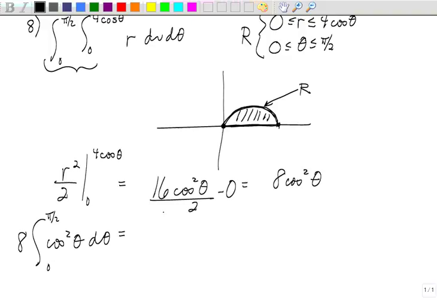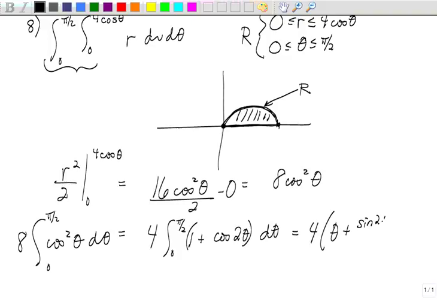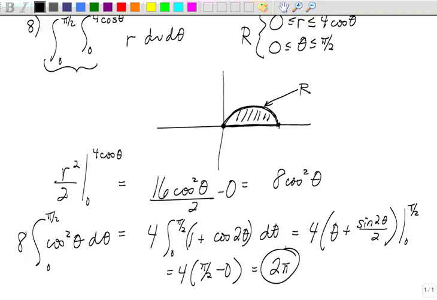That's 1/2, so that's going to be 4 times 1 plus cosine 2 theta d theta. We integrate that, we get 4 theta plus sine 2 theta over 2 from 0 to pi over 2. And that's going to be 4 times pi over 2, and the rest is 0. So that's 2 pi.